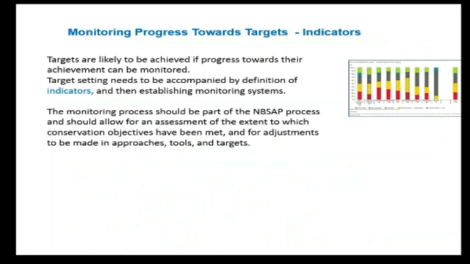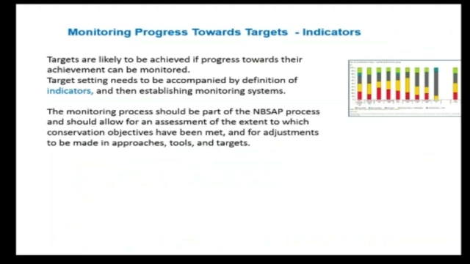So target setting needs to be accompanied by definition of indicators, and then establishing monitoring systems for them. The monitoring process should be part of the NBSAP process, and allows for an assessment of the extent to which the objectives are being met and to make adjustments.